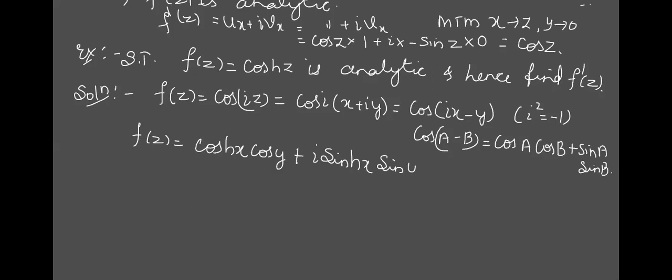This is my u and this is my v. When you differentiate u and v with respect to x and y and check with the CR equations, obviously they are going to be satisfied.